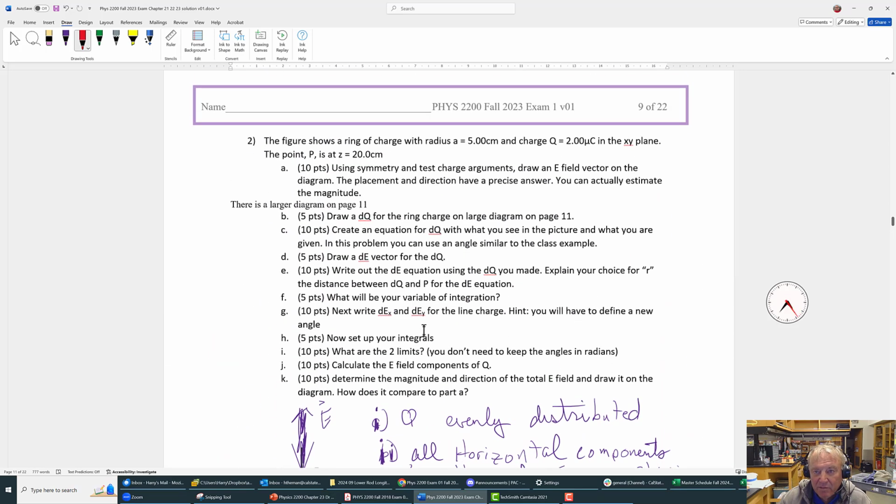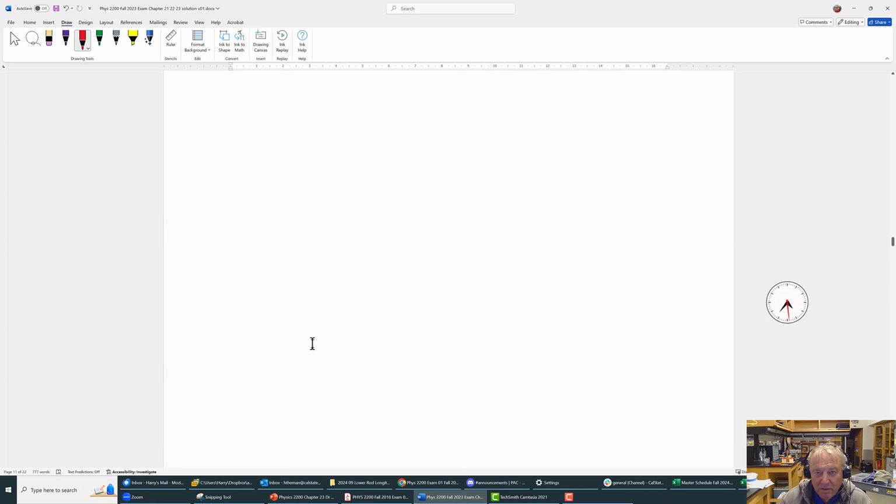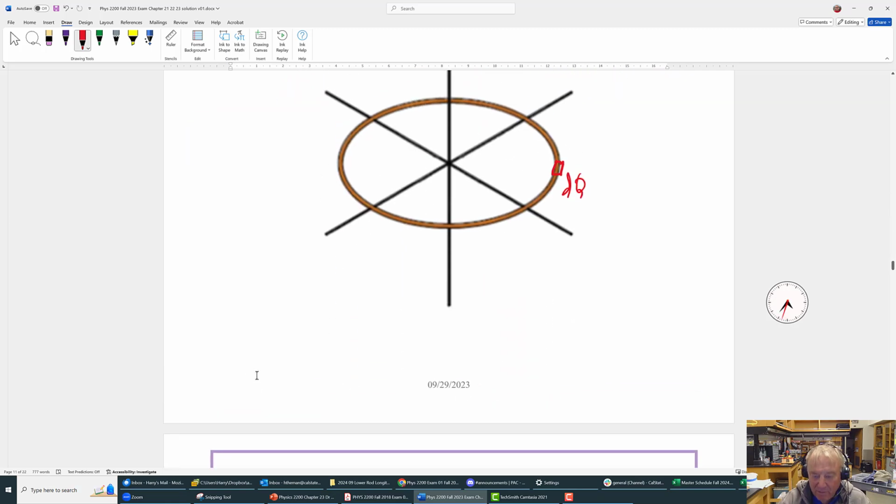Create an equation for dQ. I'm going to call this the x-axis and the y-axis, and define alpha, where the positive direction is counterclockwise.